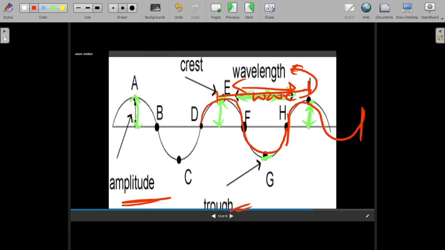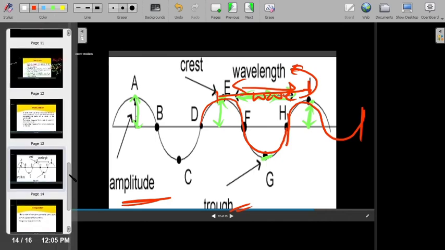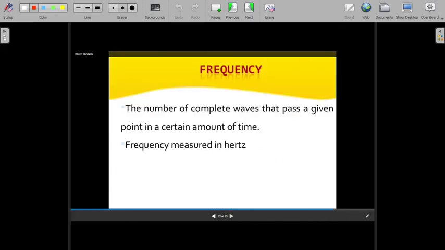Okay, so the amplitude is clear. Let's move on to the next part, that is frequency. The frequency of a wave is the number of complete waves formed in unit time.